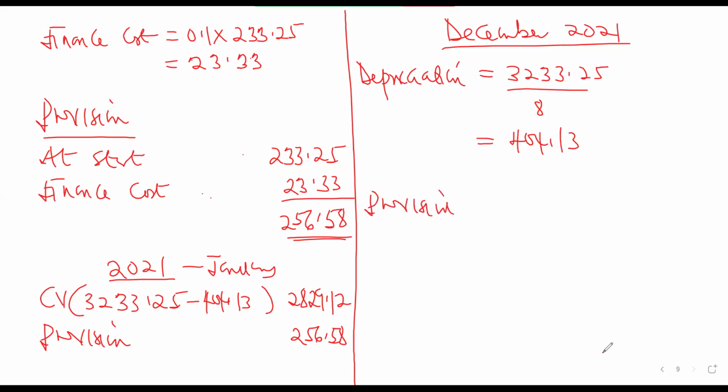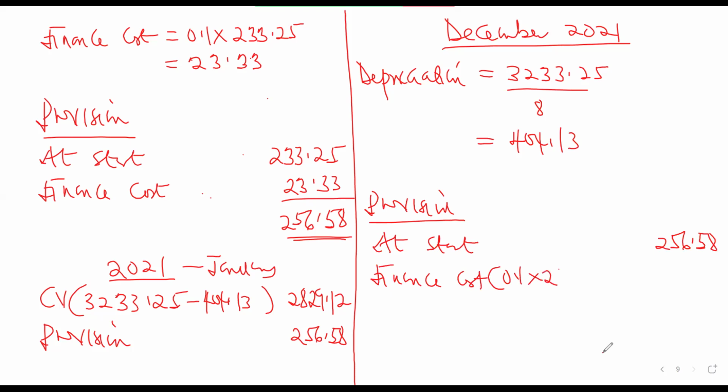Then our provision will now be increasing. The provision we now have at the start of this year, 256.58, plus the finance cost, which will still be at 10%, because we still apply the 10% on this figure before the revision.